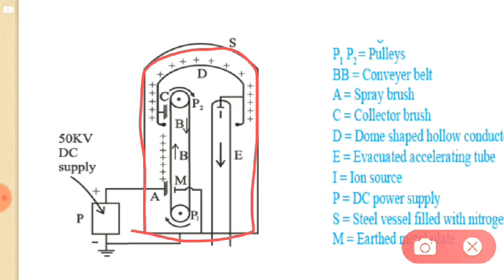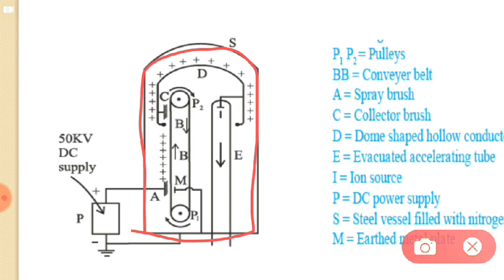To prevent the leakage. And this steel vessel S is filled with nitrogen at high pressure, and a small quantity of freon gas is mixed with nitrogen to ensure better insulation between the vessel and its contents.